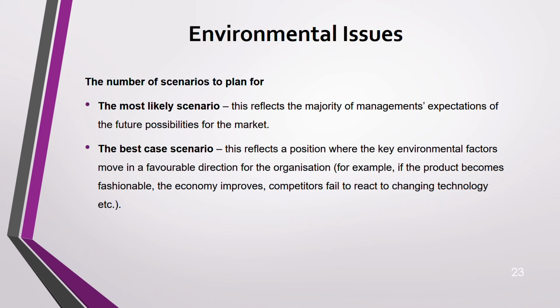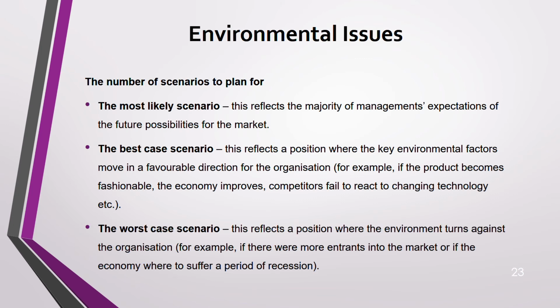All the environmental factors will go in your favor, like the product will become fashionable, the economy will improve, competitors will fail to react to your changing technology. You are very optimistic about the future. Next, you are very pessimistic about the future. Worst case scenario. You think everything will turn against your expectations. The market will go into recession, the product will go out of date, technology will become obsolete, things like that.